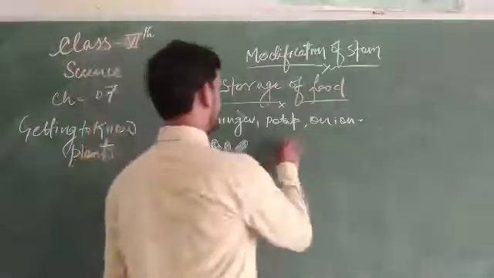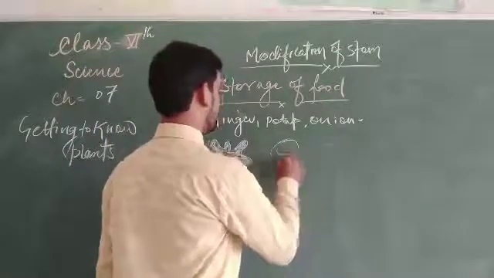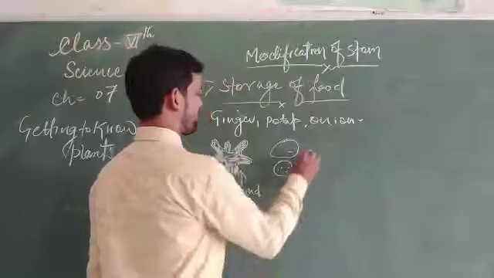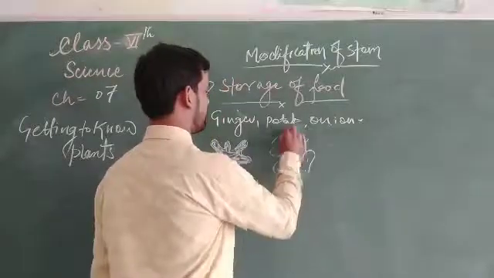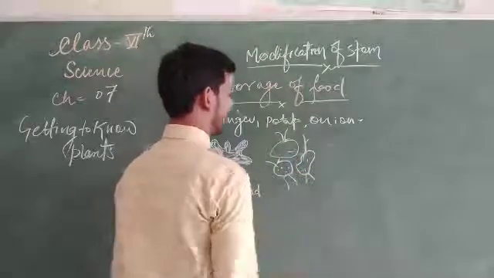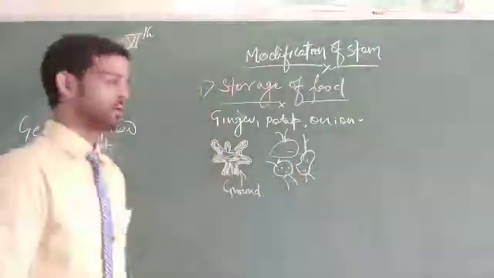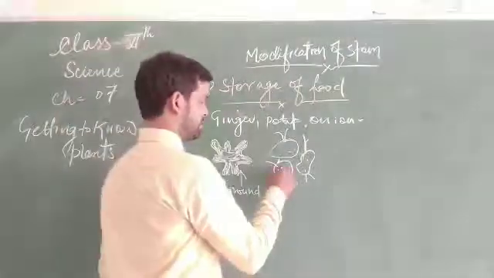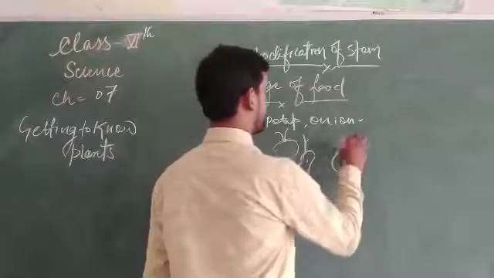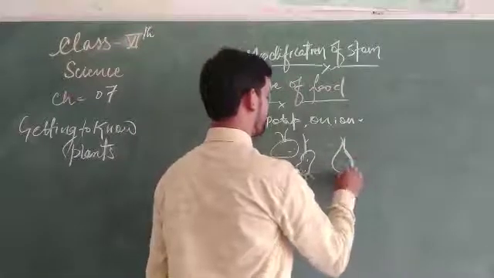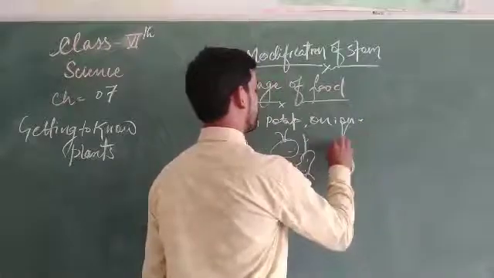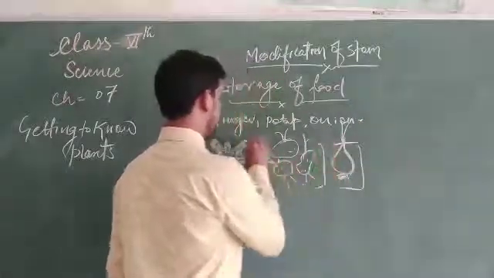Next one is potato. Potato is also called a tuber. And onion is a bulb.